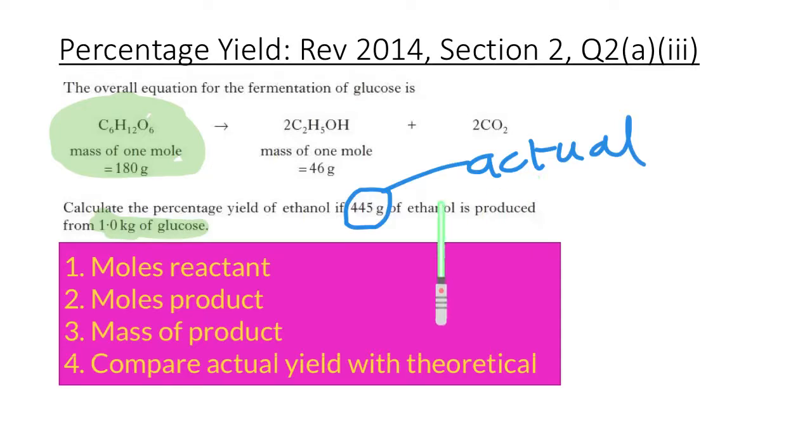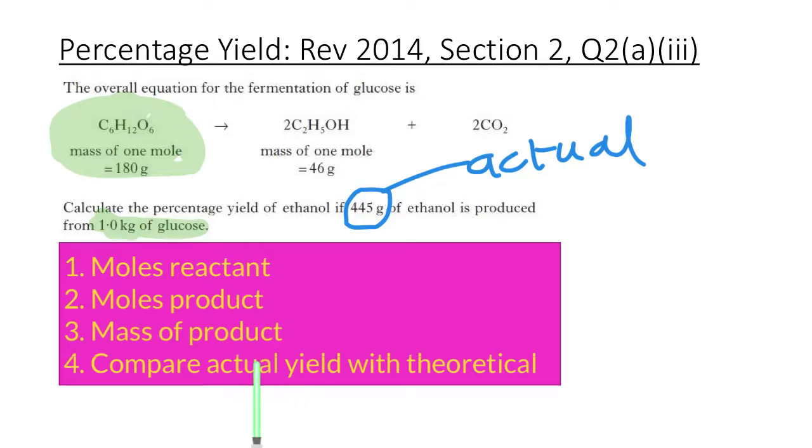Your actual yield is this 445 grams of ethanol. Your job is to find the theoretical yield using your calculations from equations, the first three steps, and then we're going to compare those two numbers.